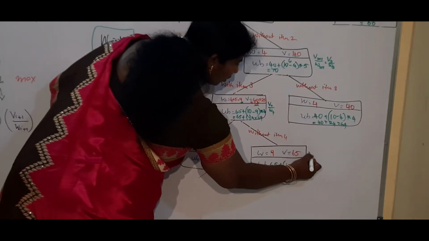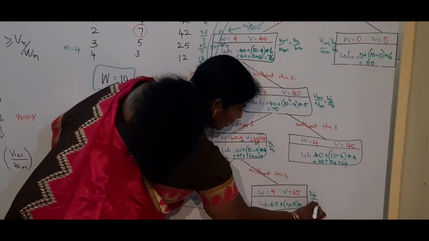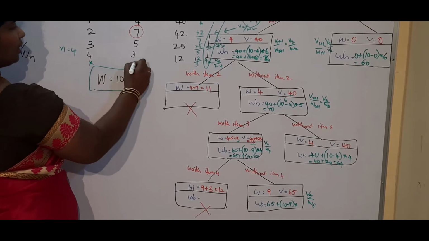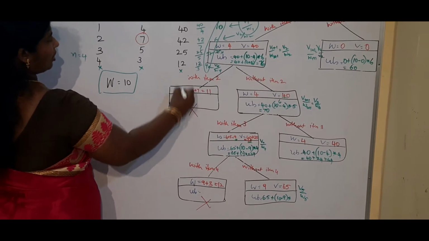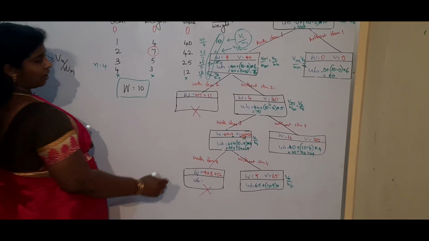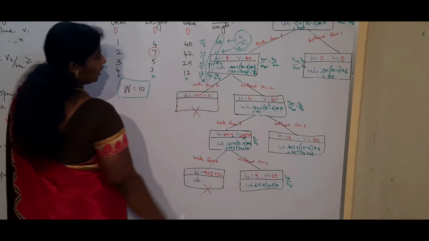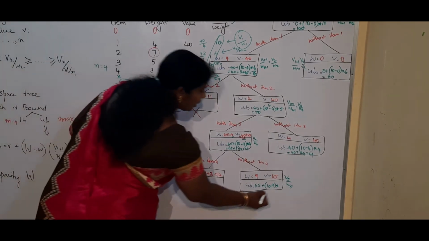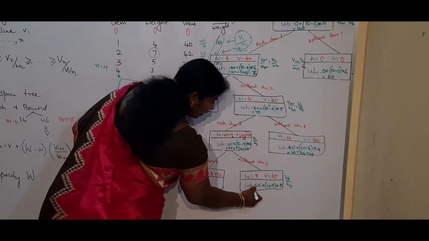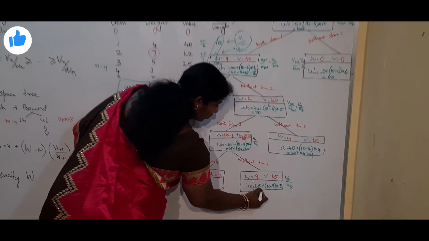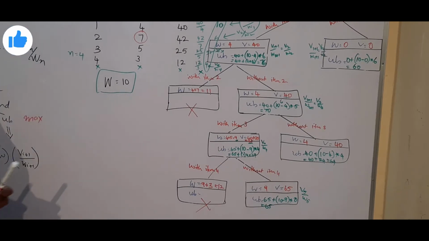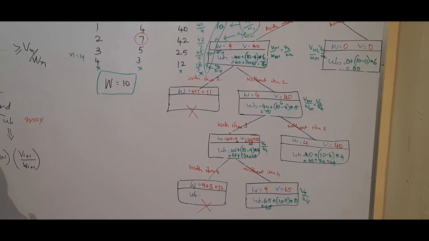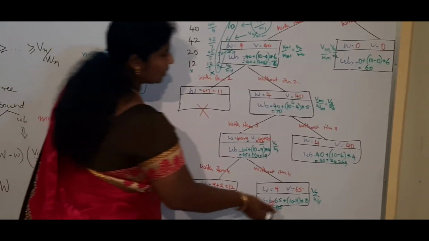Do I have a V5 by W5? No, I do not have another item here. So there is no value at all. So if there is no value, then we have it as 0. So my upper bound is going to be 65. Okay. So now let me look into this part.